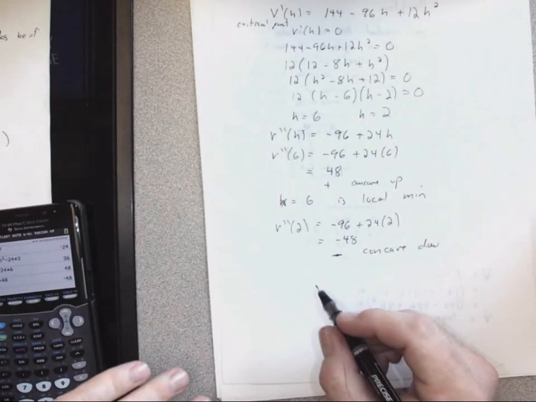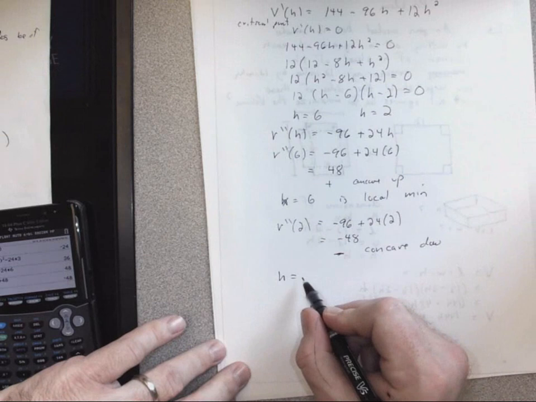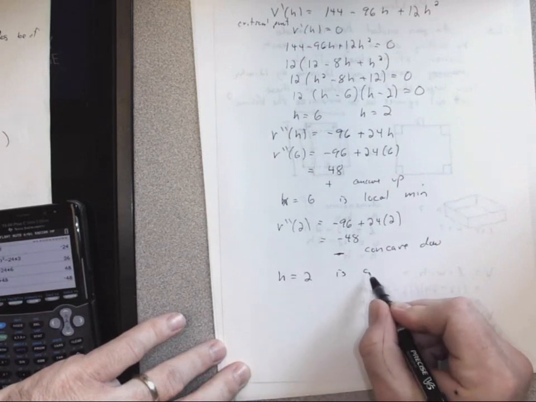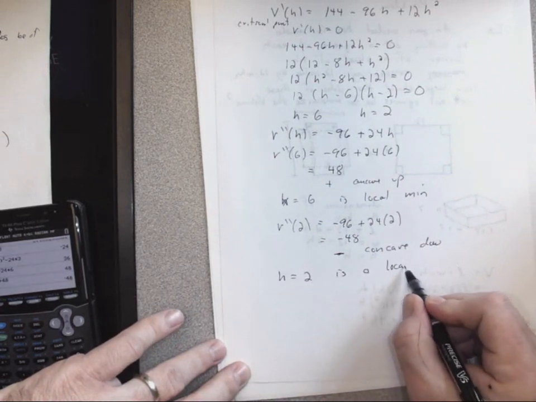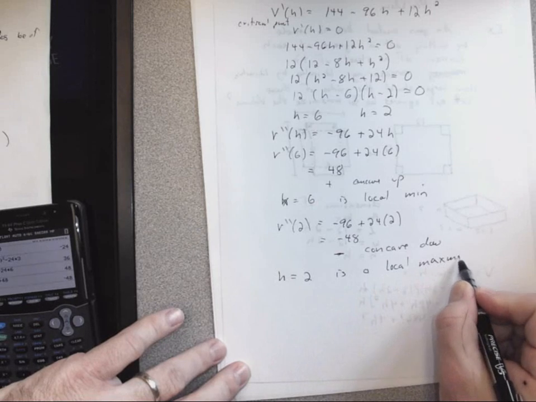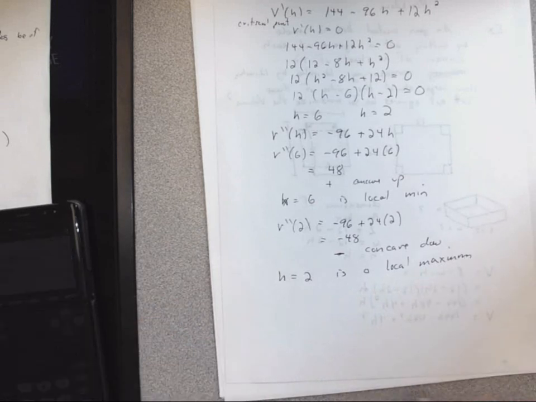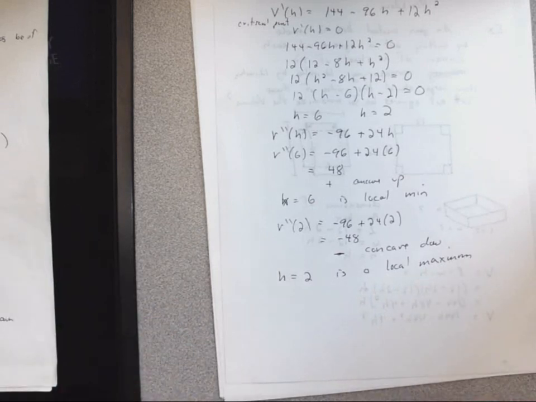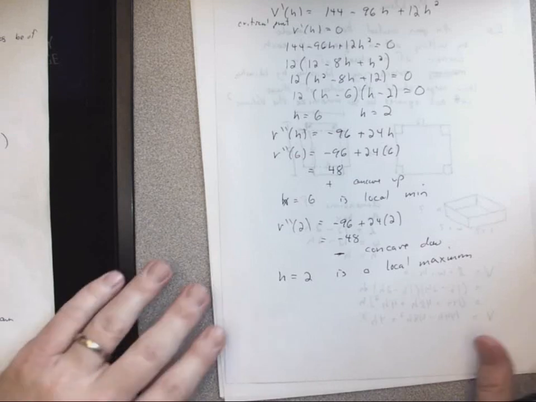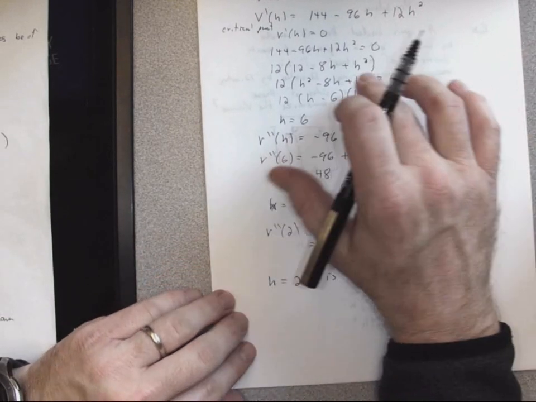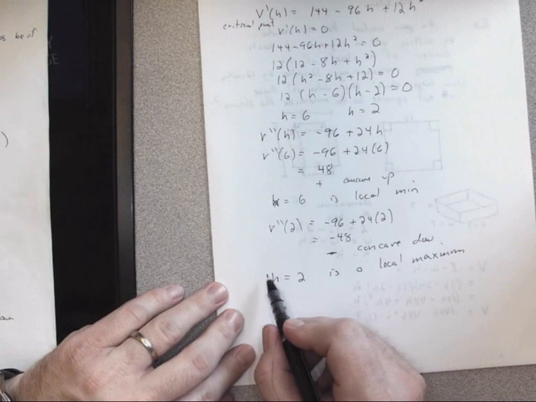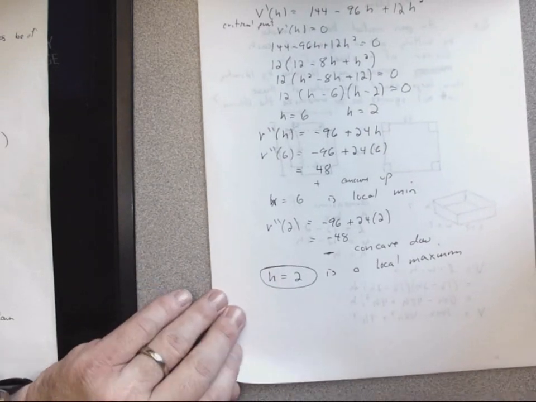That means it's a maximum. So h equals 2 is a local max. So let's go back and see what this means. I know that this is my answer, right? That's the answer that I was going to get.